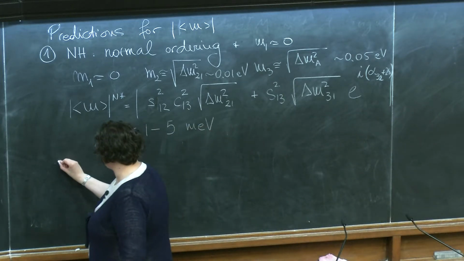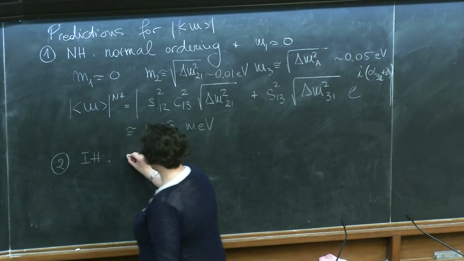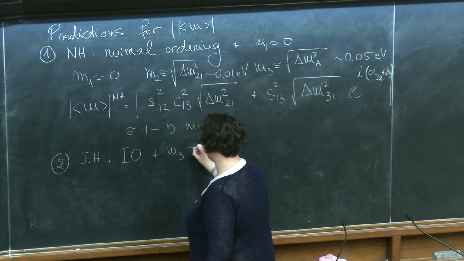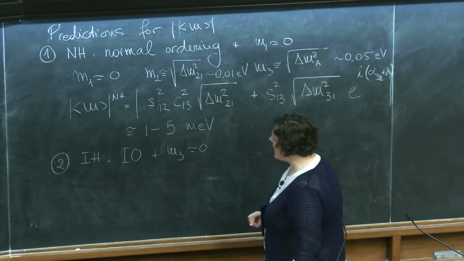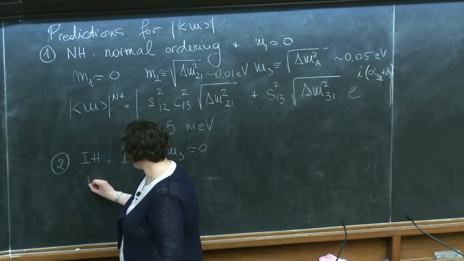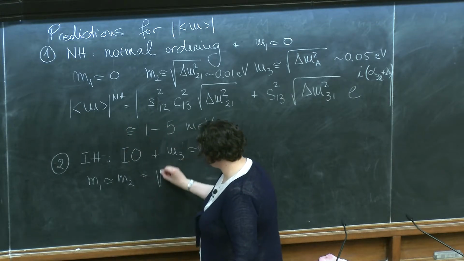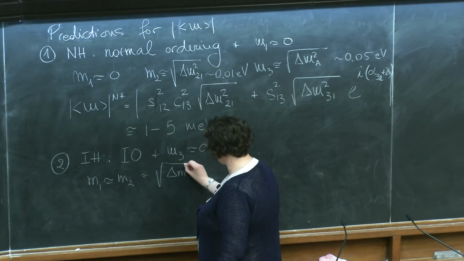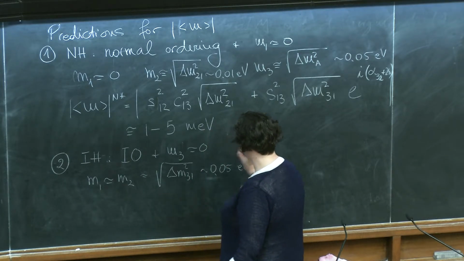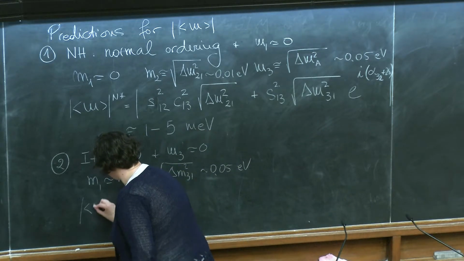Let me also look at the inverted hierarchical case, which corresponds to having inverted ordering plus negligible lightest mass. And in this case, we can again look at M effective. We know that M1 and M2 are roughly given by the square root of delta m squared 31, so both are roughly equal to 0.05 eV. And then I can express M effective.